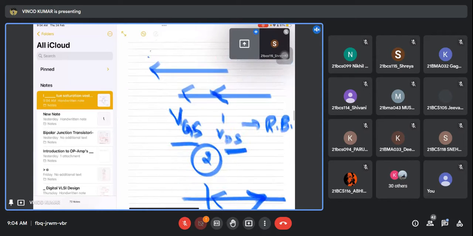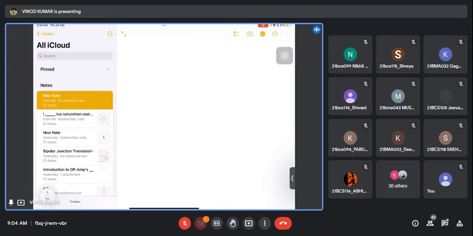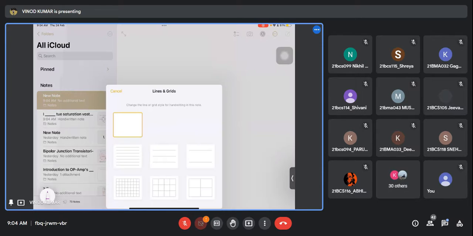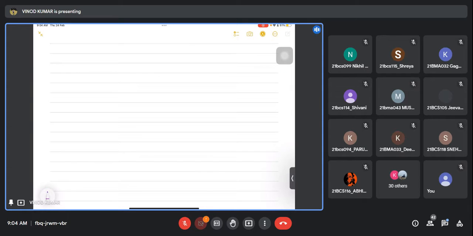Right, now today we'll discuss about MOSFET. Have you heard of this term? No, sir. Okay, so this is of two types.